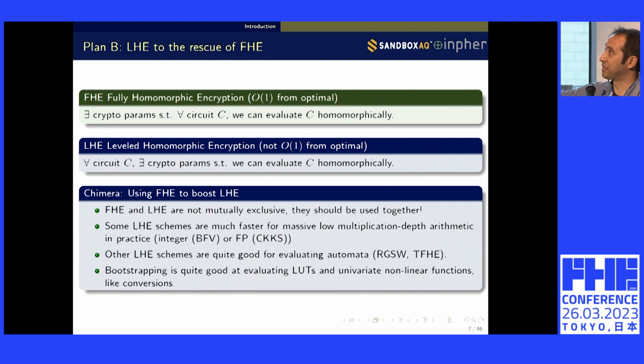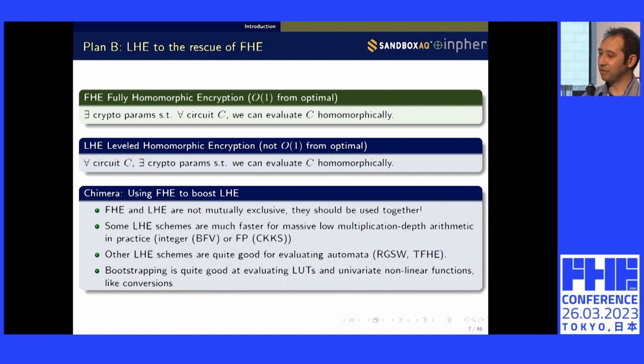Well, first, if you look at this definition, clearly FHE is included inside LHE, so they are not mutually exclusive, but really that's something that we have in practice. If the goal is to solve a problem, maybe there are a lot of things that you will be able to do using LHE, but if at some point you need to apply bootstrapping, don't hesitate to do that within LHE.